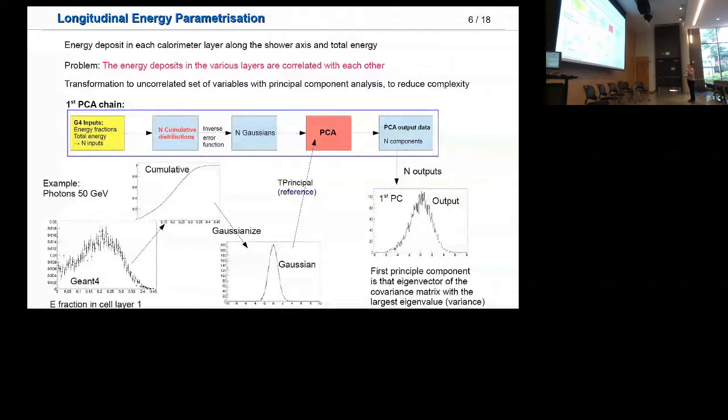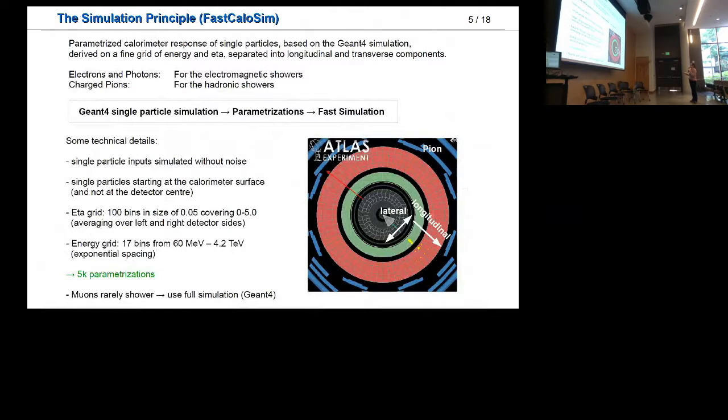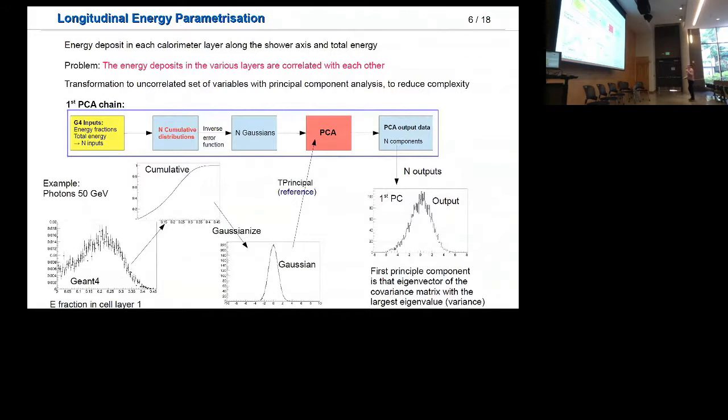Speaking about the methods for the longitudinal parameterizations, this is the amount of energy that the particle is depositing in each of these layers. The problem is these energy deposits in each layer are heavily correlated with each other, and it's difficult to model. So we're using PCA methods to decorrelate these variables, transforming them into an uncorrelated set of orthogonal variables.